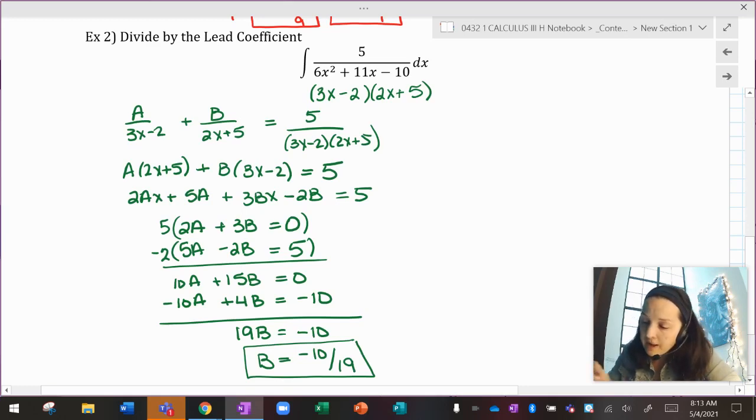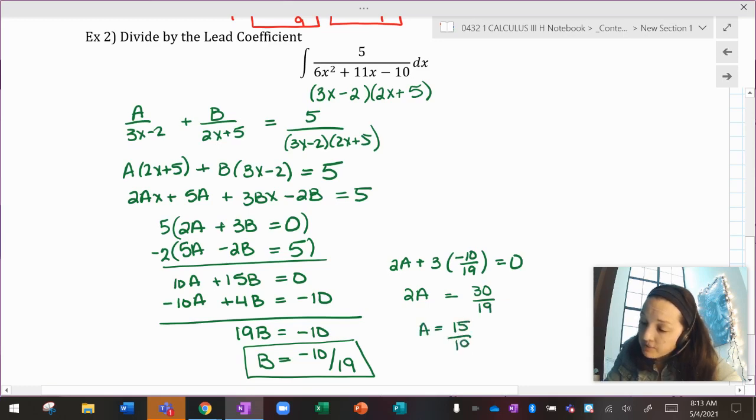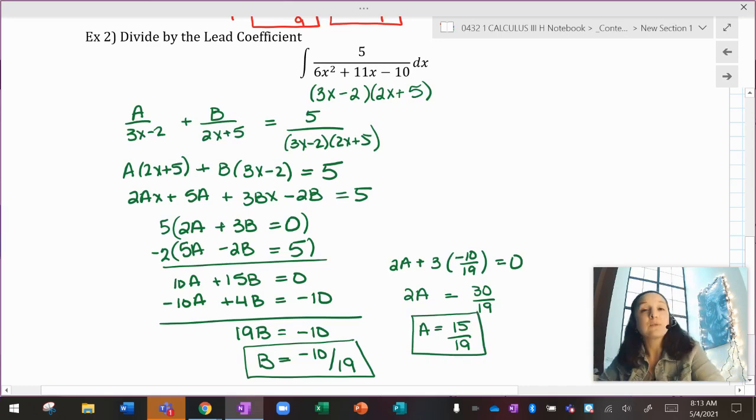And then I need to find a, so 2a plus 3b needs to equal 0. So 2a equals 30/19, so a is 15/19. They're fractions. They're not whole numbers. It's fine. We're fine.